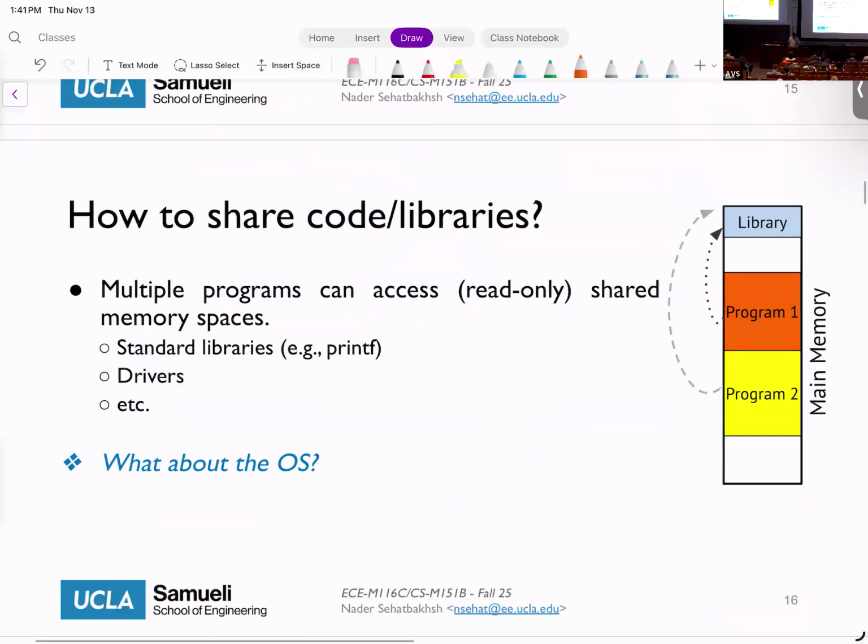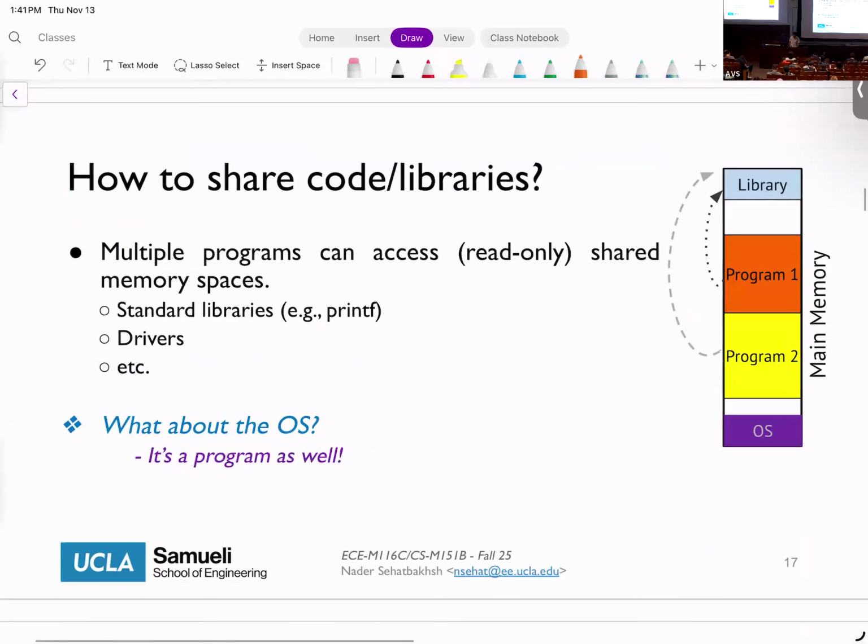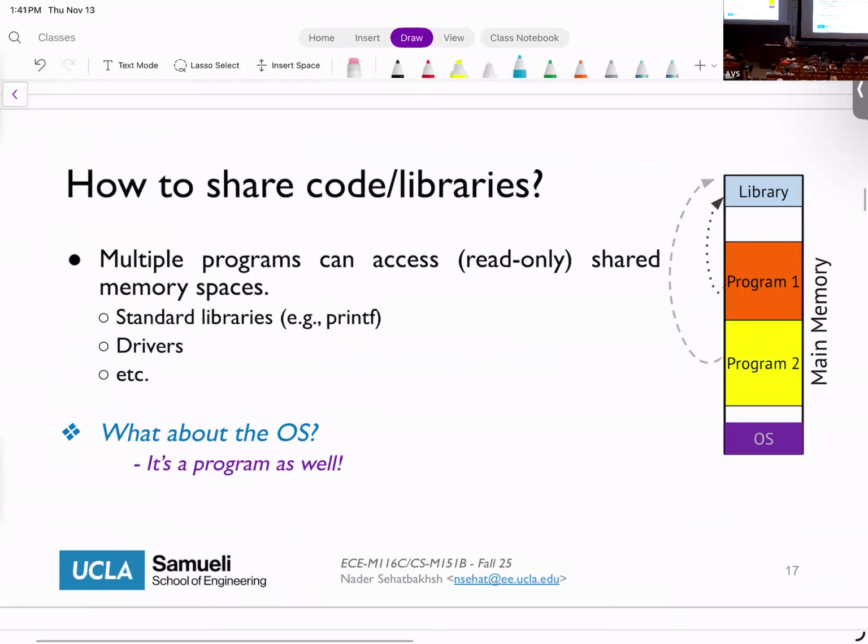And similarly, you can have an operating system in this design. And again, the operating system would be essentially another program that has the highest privilege. Typically, in order for your operating system to work, it should be able to access everything and anything that you want. So there is no bound checking for the operating system. Okay.